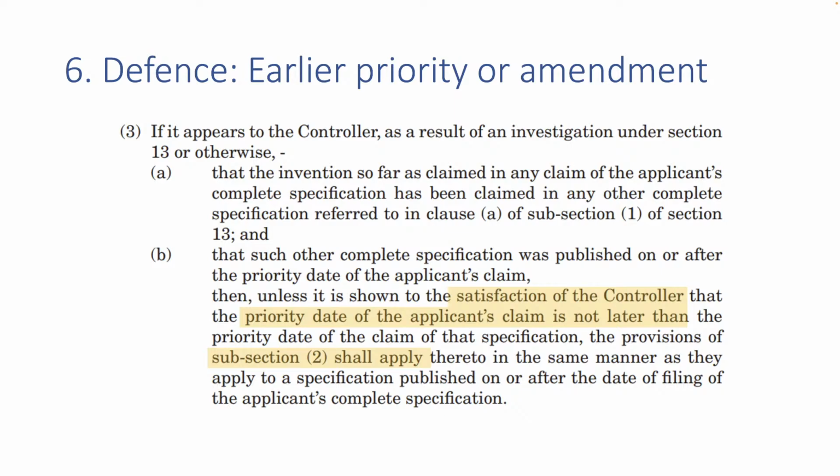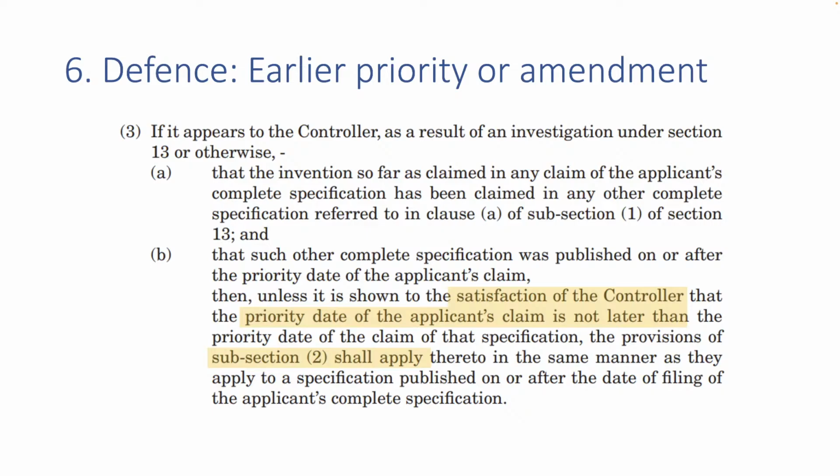Again, so we have in Section 18 three types of anticipation, or let's say not three types of anticipation, let's say three powers the controller has to do things in case of anticipation. The first power is that the controller can refuse. The second, the controller can make a reference.